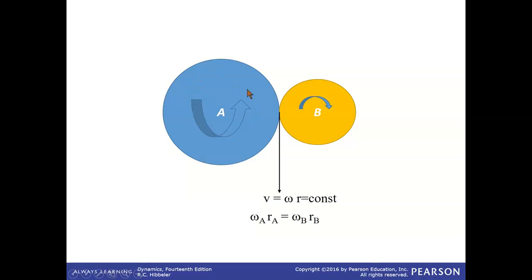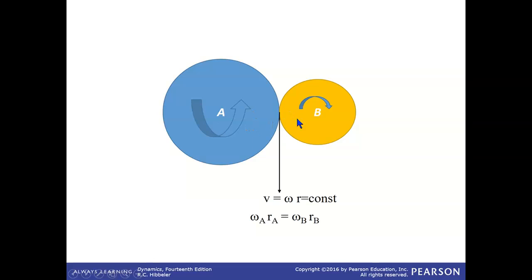So this is the simplified schematic for gears. Let's call this gear A and gear B. Gear A rotates counterclockwise and gear B rotates clockwise. At the point of contact, they have the same surface velocity v. Now we have previously in the lecture studied that surface velocity depends on the position vector and the angular velocity.